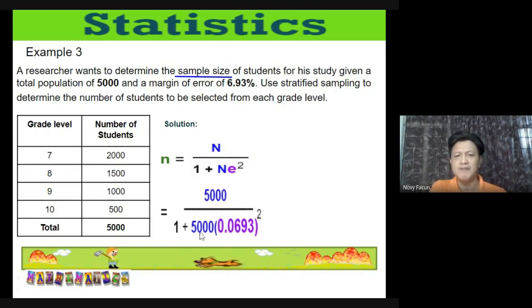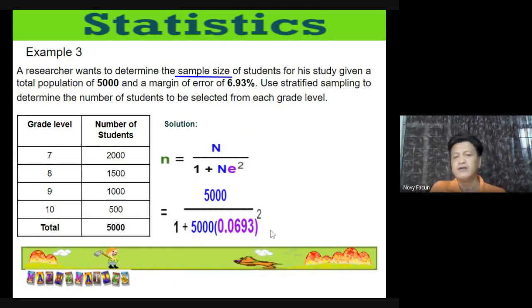And that will become 5,000 over 1 plus 5,000 multiplied by 0.0693. Okay, etong 0.0693 na to galing doon sa 6.93%. Minove ko yung decimal niya 2 going to left. Kaya 1, 2.